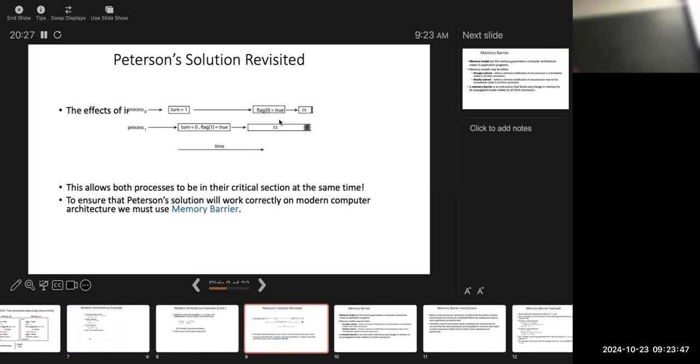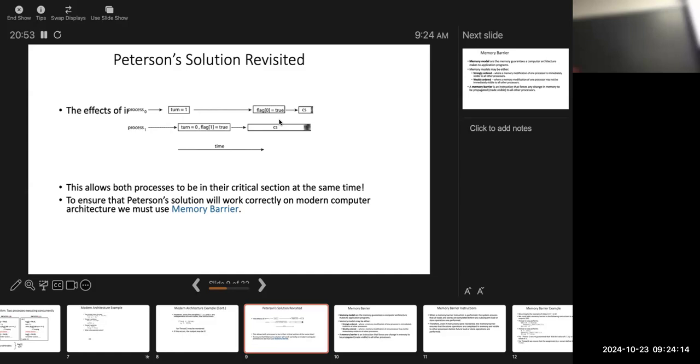Actually, the compiler cannot do reordering if your underlying hardware doesn't support reordering, or out of order execution. So if your architecture doesn't support out of order execution, your compiler cannot do the reordering. We are assuming that the underlying architecture supports it. So let's say the compiler decides to execute turn equal to 1 before flag 0.